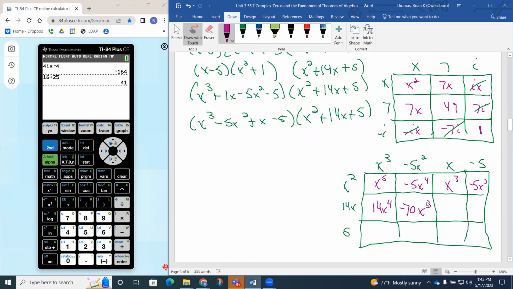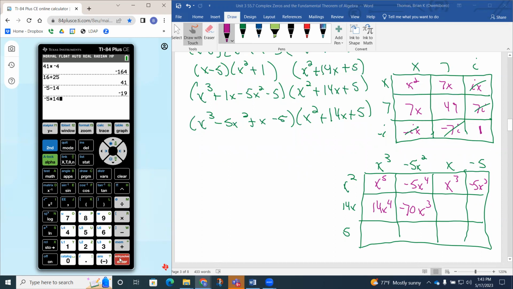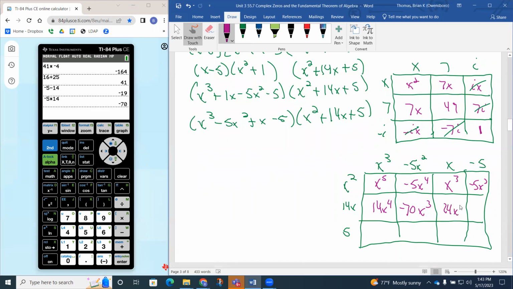Let me double check that: negative 5 times 14, negative 70, yeah. 14x times x would be 14x squared. And 14x times negative 5 again is going to give me a negative 70x.